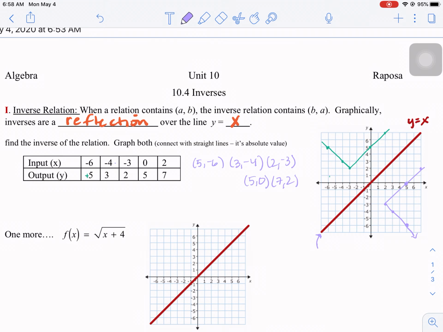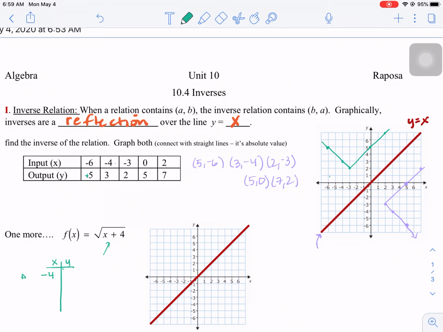Let's see if we remember how to graph this, going back to our green. Now, for those of you who got on board with the transformations and know that this is just shifting to the left, you can cheat and get on over there. But for the rest of us who may have forgotten how to do that, what would it take to make this 0? It would take a -4.